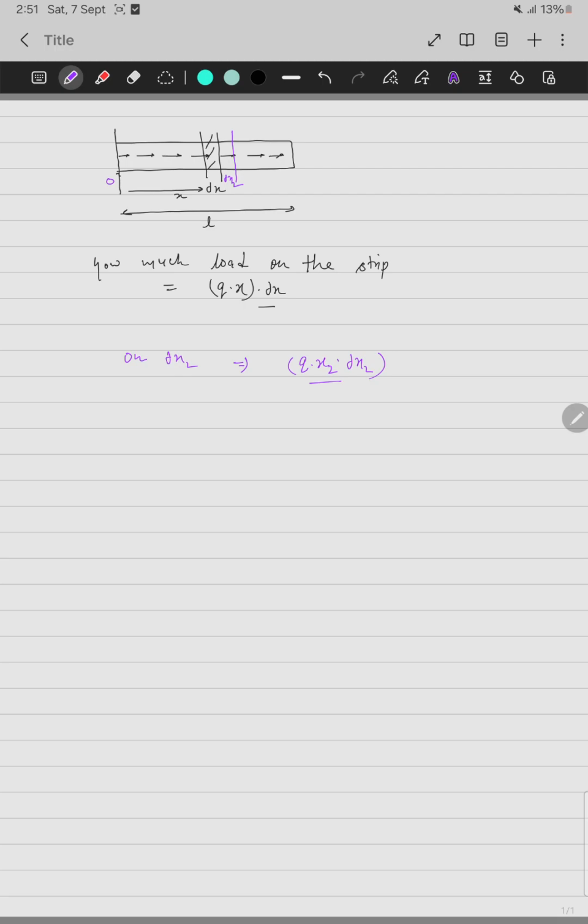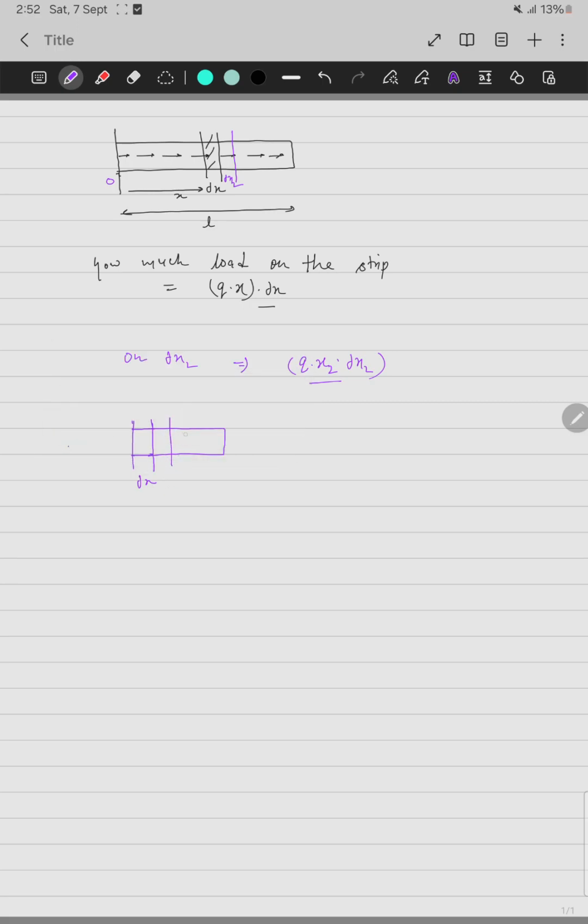So how much total load is acting? Let's suppose we have this section, a dx section, that small section. So how much load will we consider?